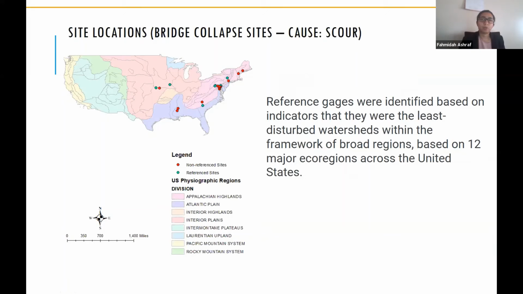But locally, in the local watershed, there are some sites where the watersheds are not disturbed. Reference gauges or sites were identified based on indicators of least disturbed watershed. So we have some least disturbed watersheds within a highly disturbed physiographic region. At a regional scale we have instability, but at a local scale we have very undisturbed, good watersheds.